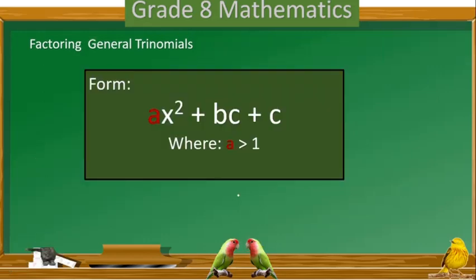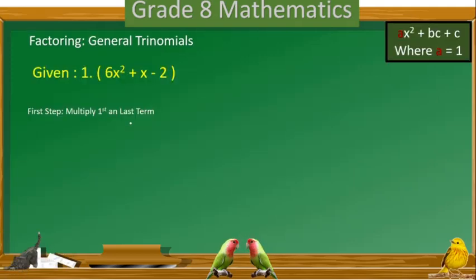Now, the second one, factoring general trinomials where A is greater than 1, meaning the numerical coefficient of the first term is greater than 1. Okay, let's try that one. So I have here the given 6x squared plus x minus 2.